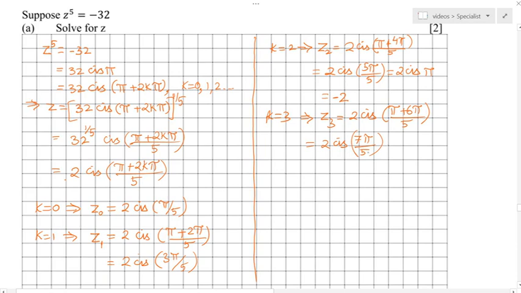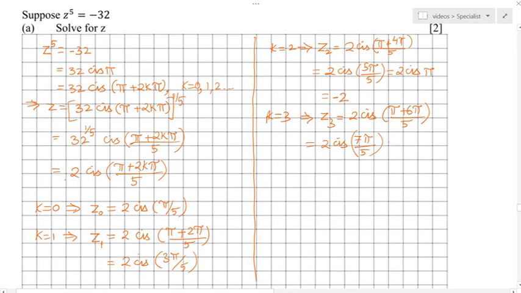So 7 pi over 5 is outside the domain. The domain of the argument theta is: theta is greater than minus pi and less than or equal to pi. This has gone beyond pi, so it is falling out of this domain, and we need to bring it into the domain.